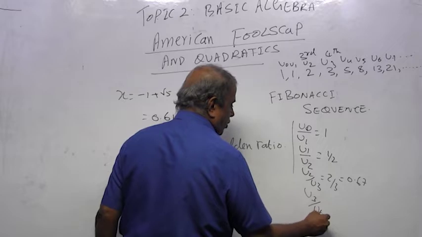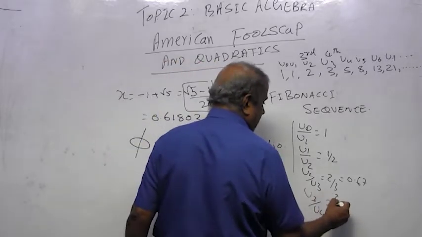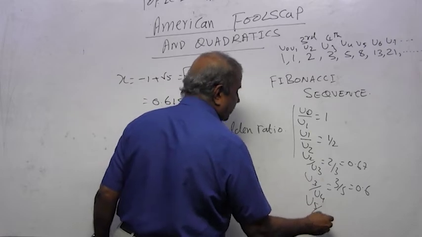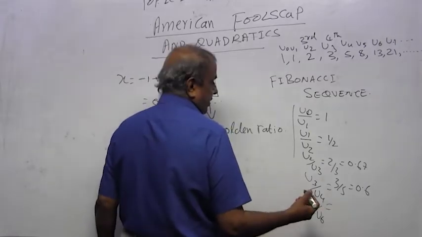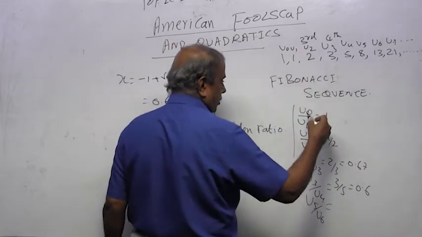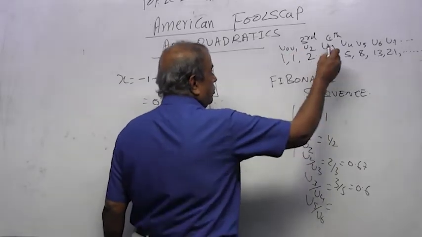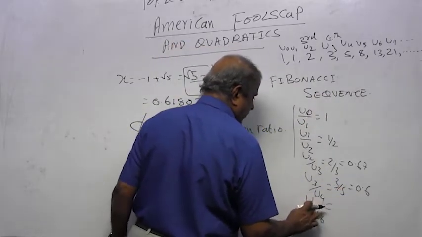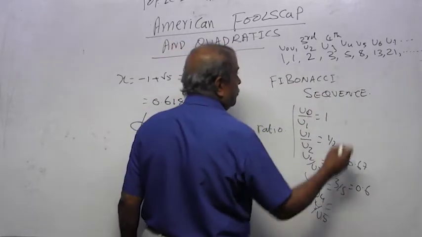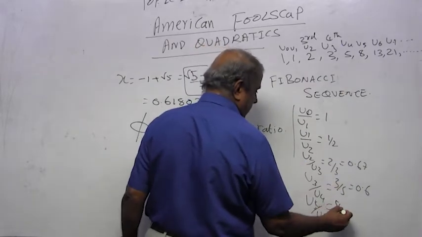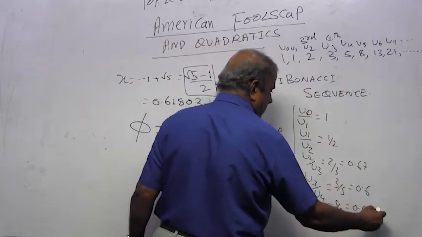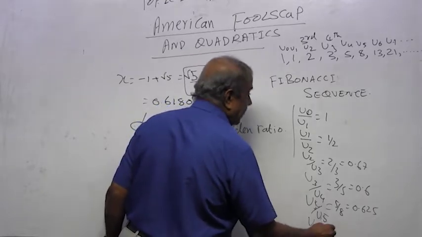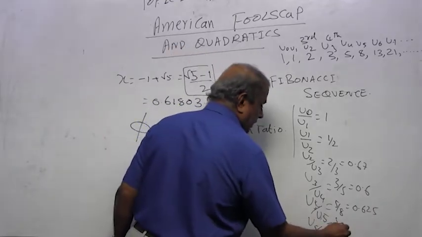U3 over U4 is 3 over 5, which is 0.6. I should have done U4 over U5, sorry. U4 over U5 is 5 over 8, which is 0.625. Then U5 over U6 is 8 over 13.